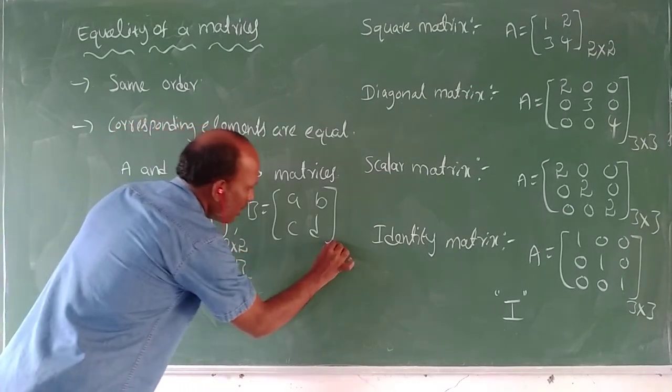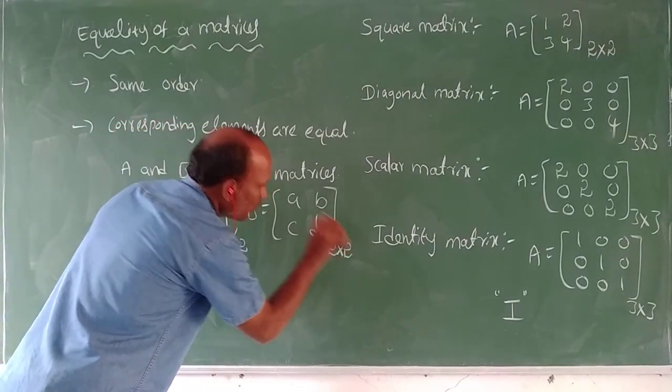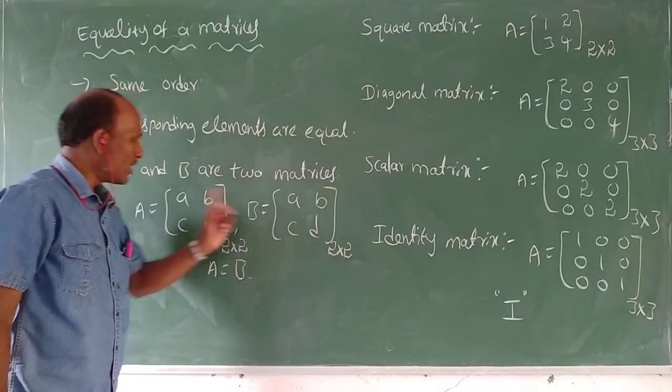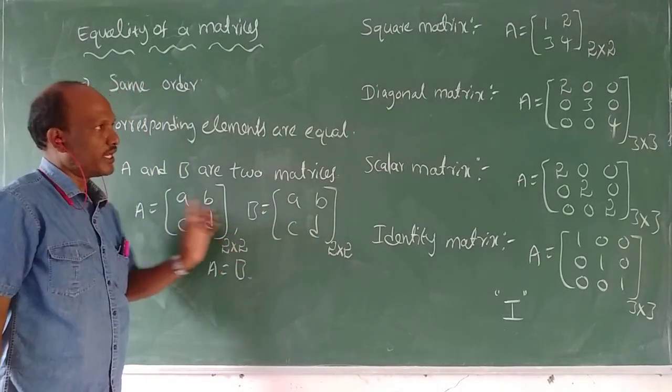B is also 2 by 2. The order is the same and corresponding elements are also equal.